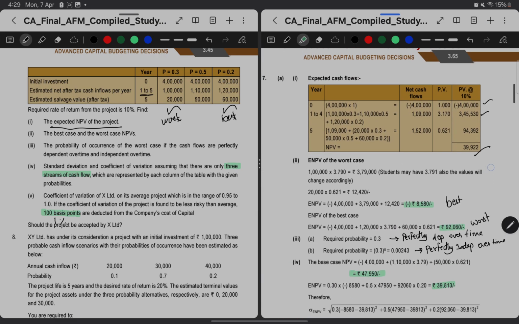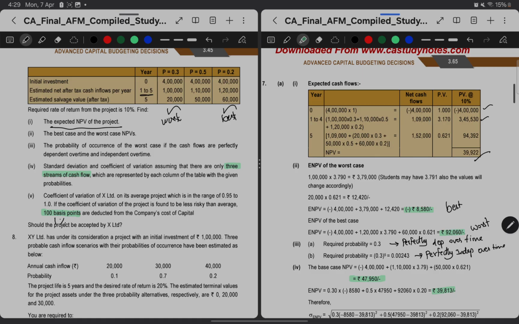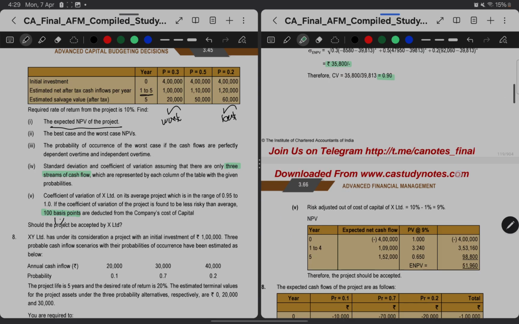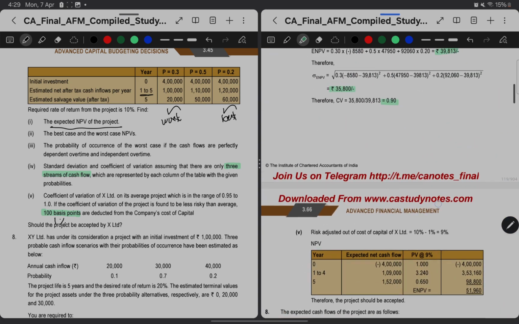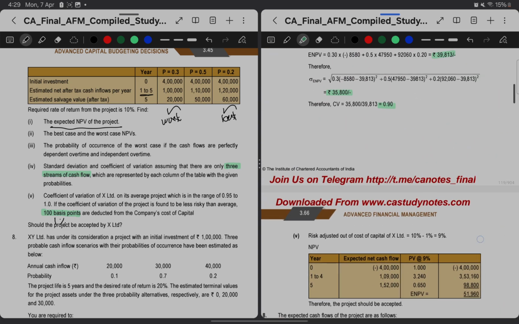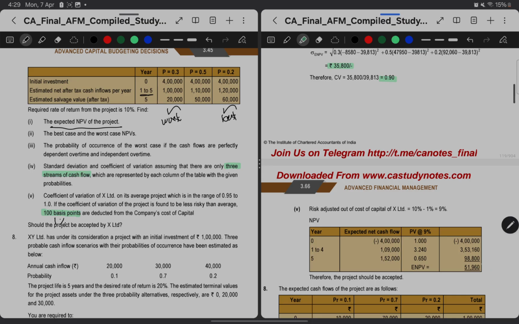As in the first requirement, we take the expected cash flows and discount them with the 9% present value factor. We get an expected NPV of 51,960, which is positive. Therefore we can accept the project.